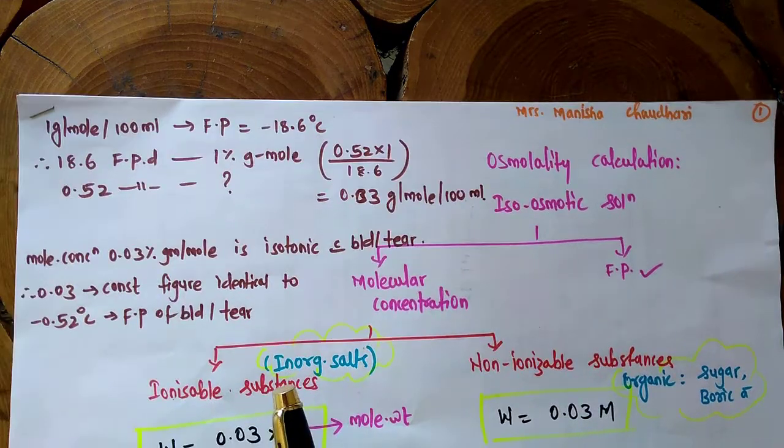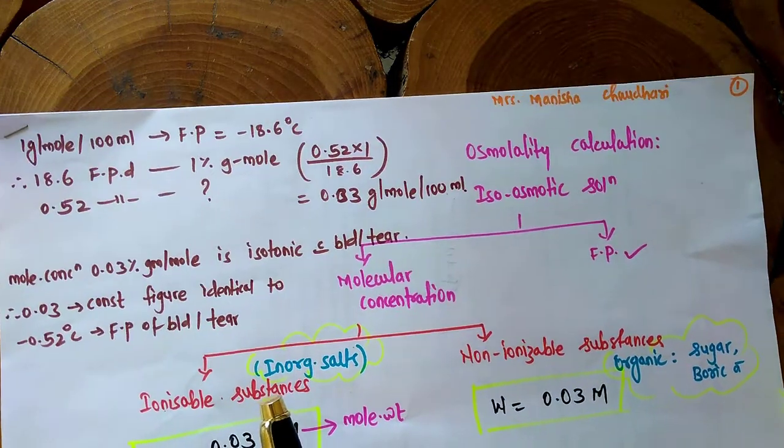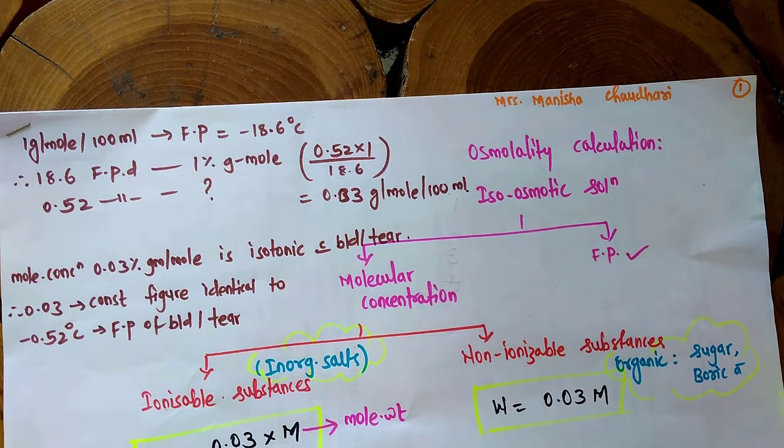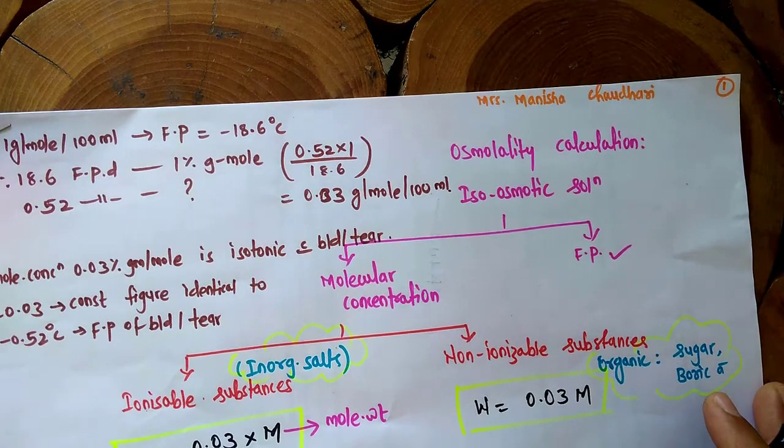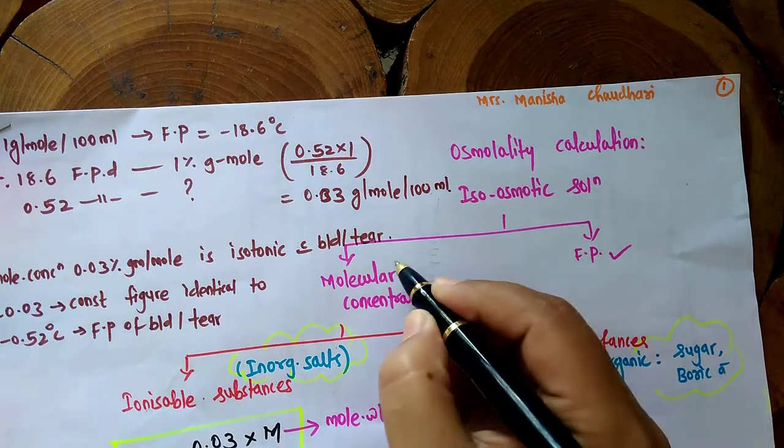In molecular concentration also, the isotonicity definition is as follows: if the molecular concentration of blood or tear and the solution are equal, then they are termed isotonic.